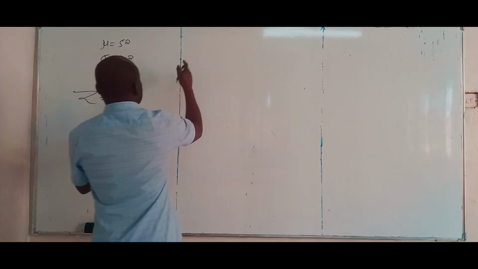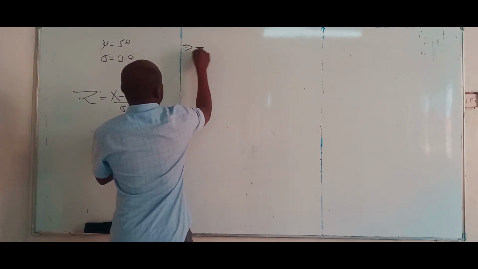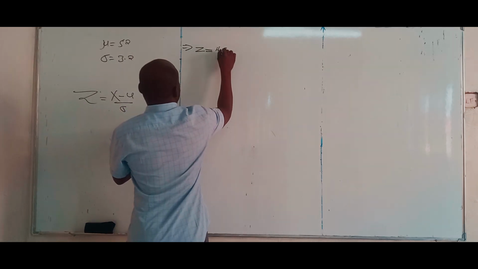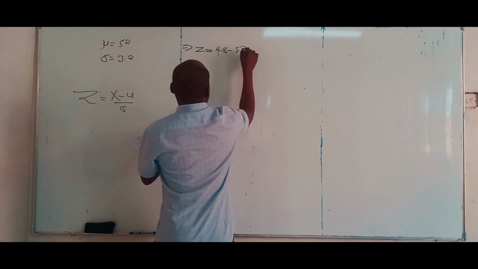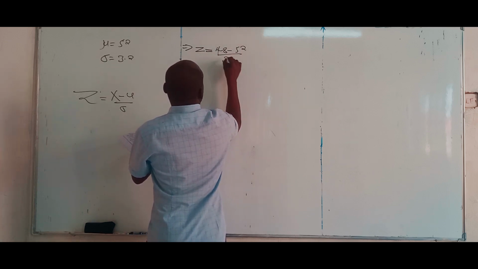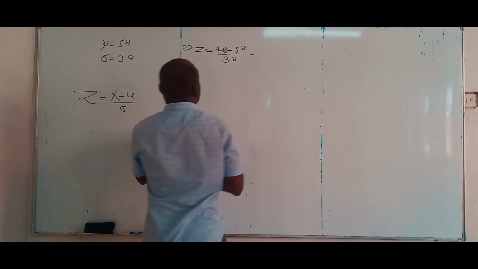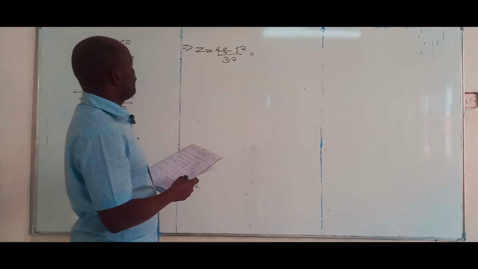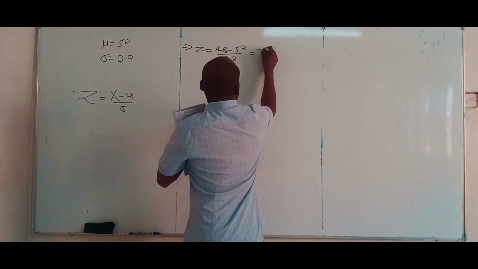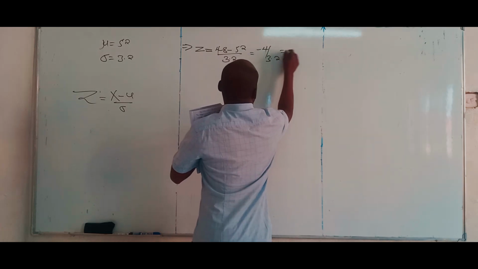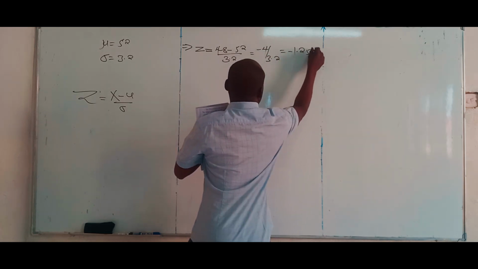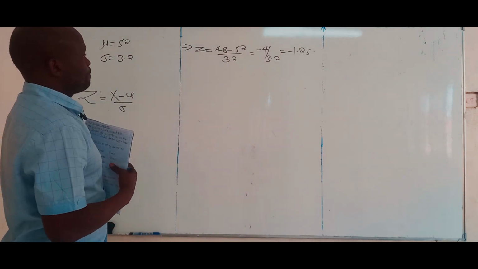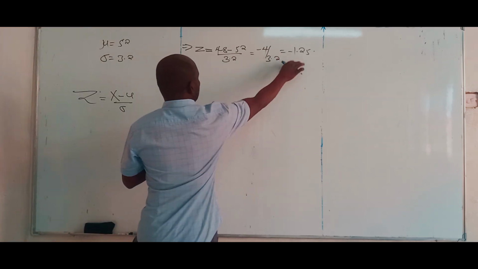So z becomes 48 minus 52 all over 3.2, which gives about -4 over 3.2. And this is about -1.25. That is the z-score that corresponds to this.